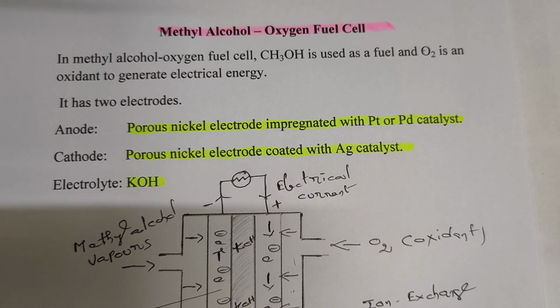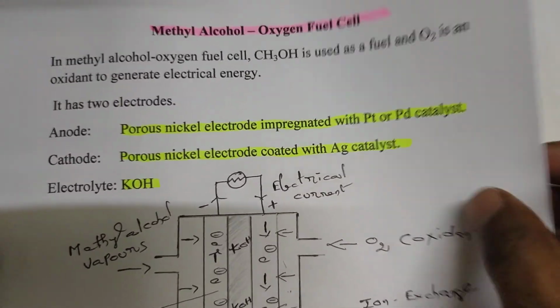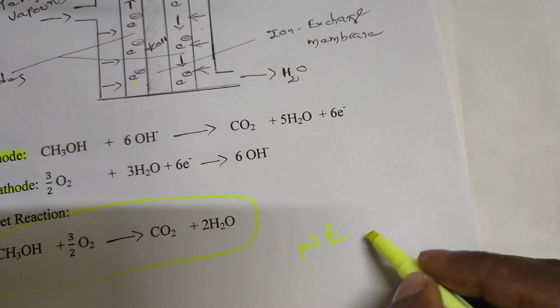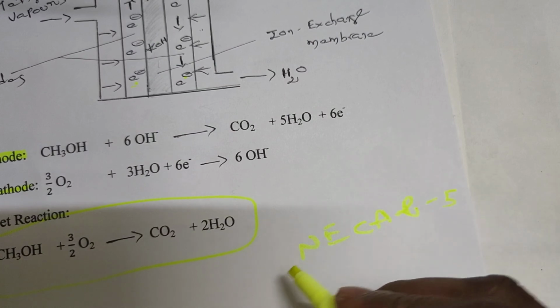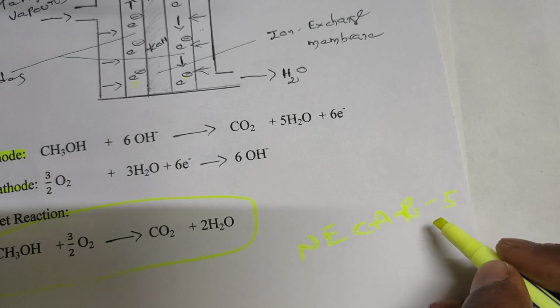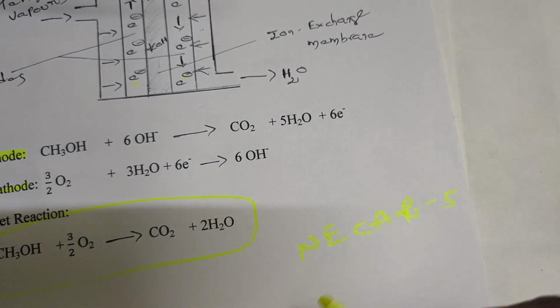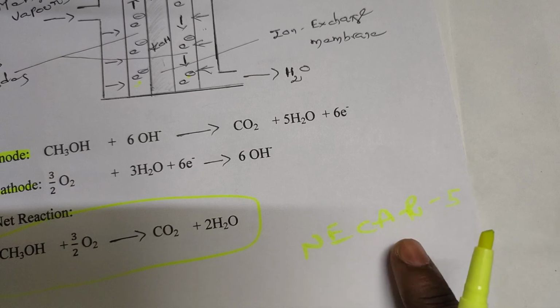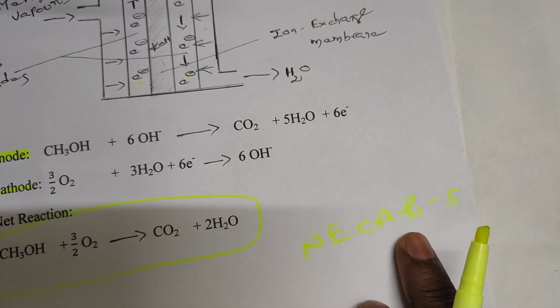The major application of the methanol oxygen fuel cell is as a fuel for fuel cell motor vehicles like NECAR 5 in Japan, USA, etc. See students, NECAR 5 is a fuel cell motor vehicle in advanced countries like Japan and USA. So it is the best application.